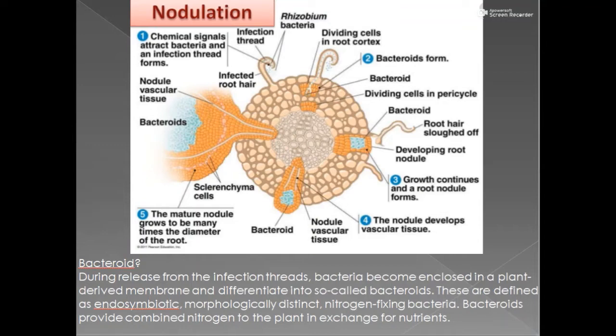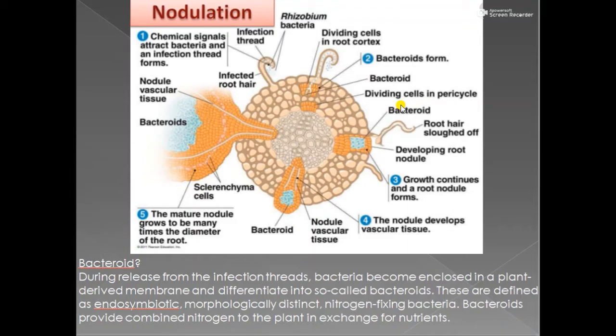And once the infection thread penetrates into the root, what happens? It extends into the inner sides of the root cells rather than sticking onto the entry point or the root hairs alone. Once it goes into the pericycle, the bacteria become metabolically a little inactive and form a structure called the bacteroids.